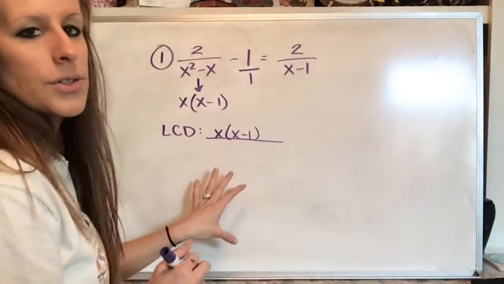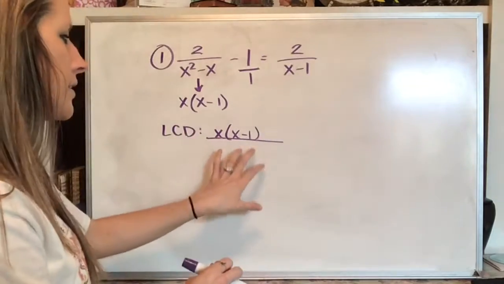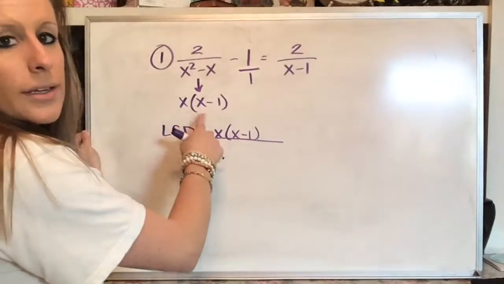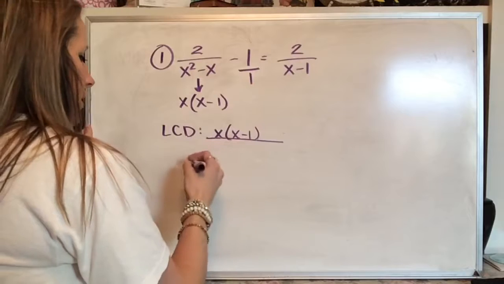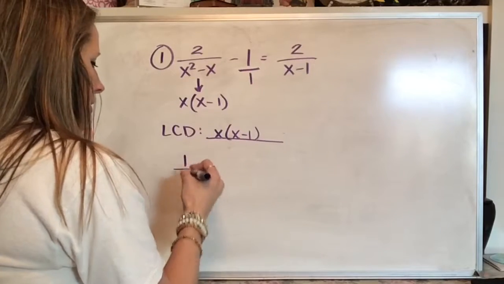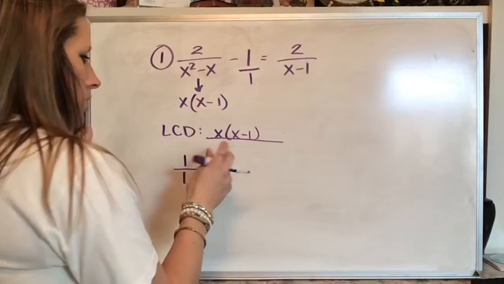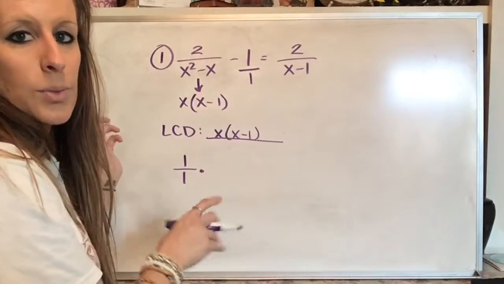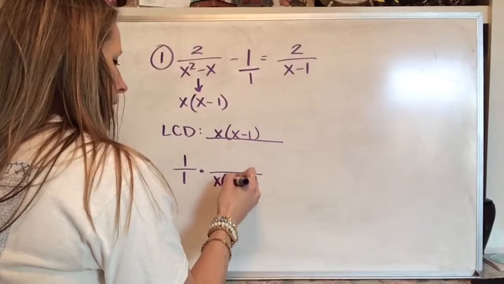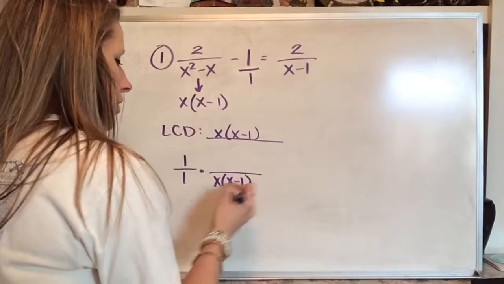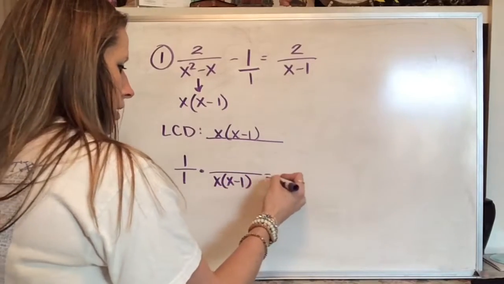Okay, next thing we're going to do is get all of our fractions to have this denominator. The first one already has it, so you don't have to mess with it at all. The second one, we have 1 over 1. Okay, so we need an x minus 1 in the denominator. So we're going to multiply by x minus 1, because we don't have any of those parts in here.